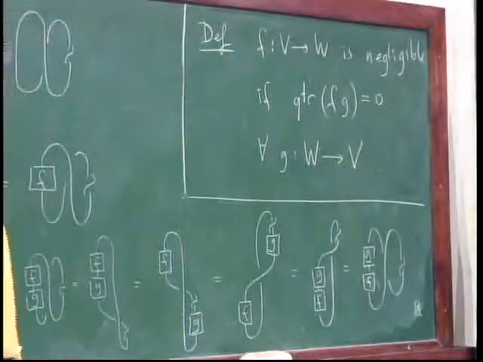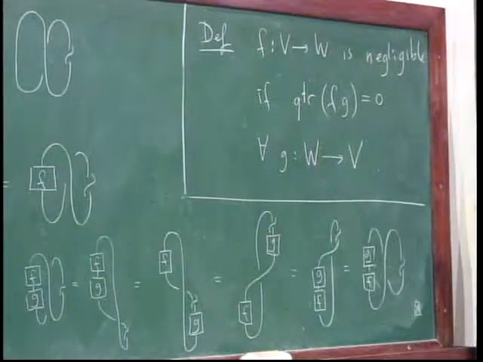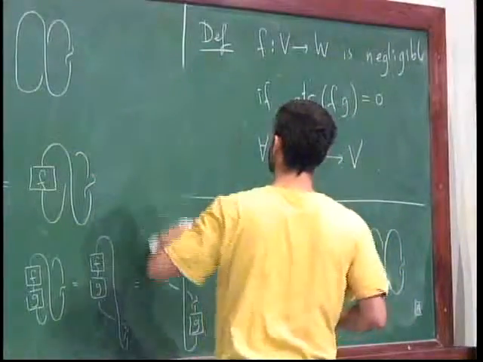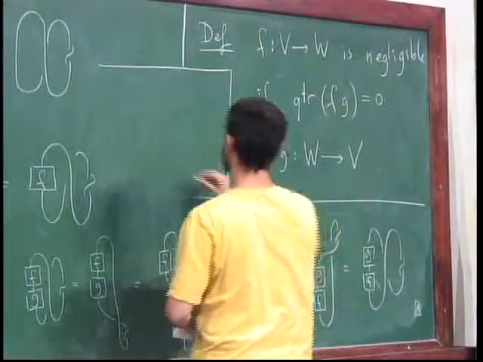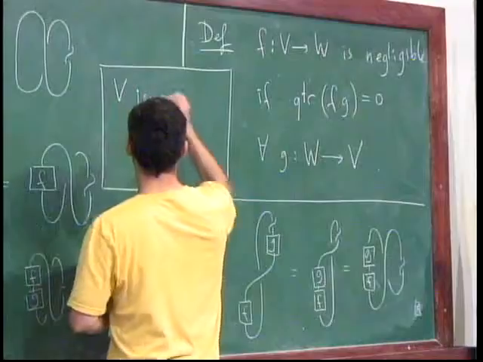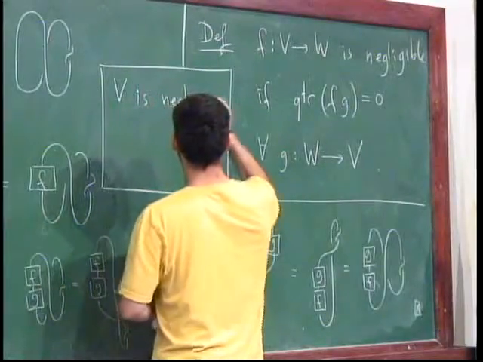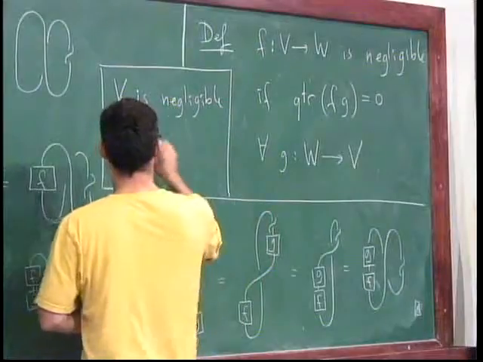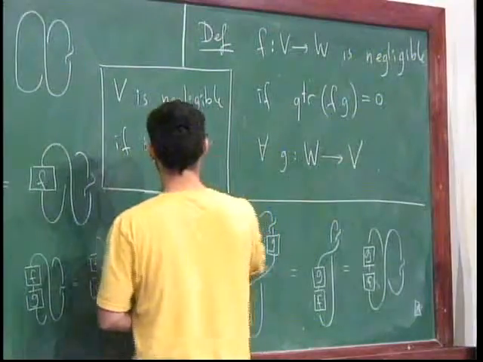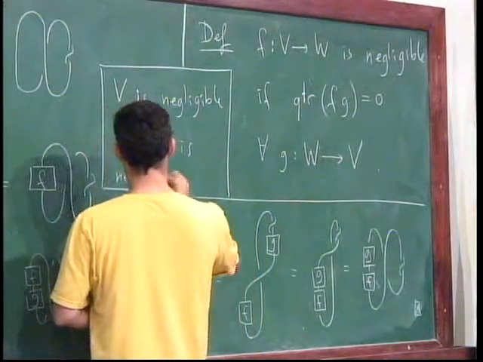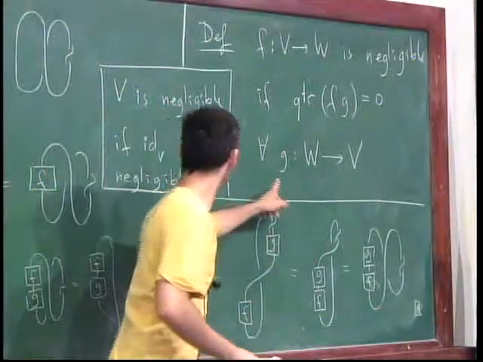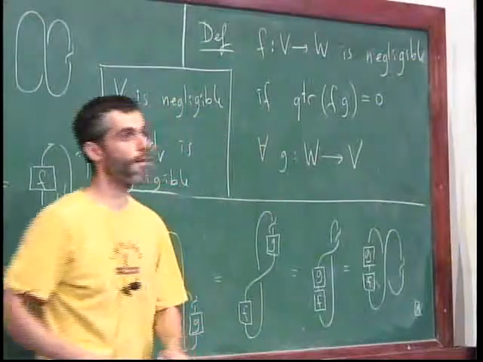In particular, and here's another definition that goes alongside this one, which is that an object itself is negligible if the identity morphism is negligible in the above sense. So that's the first definition, then using that, we have this new definition.